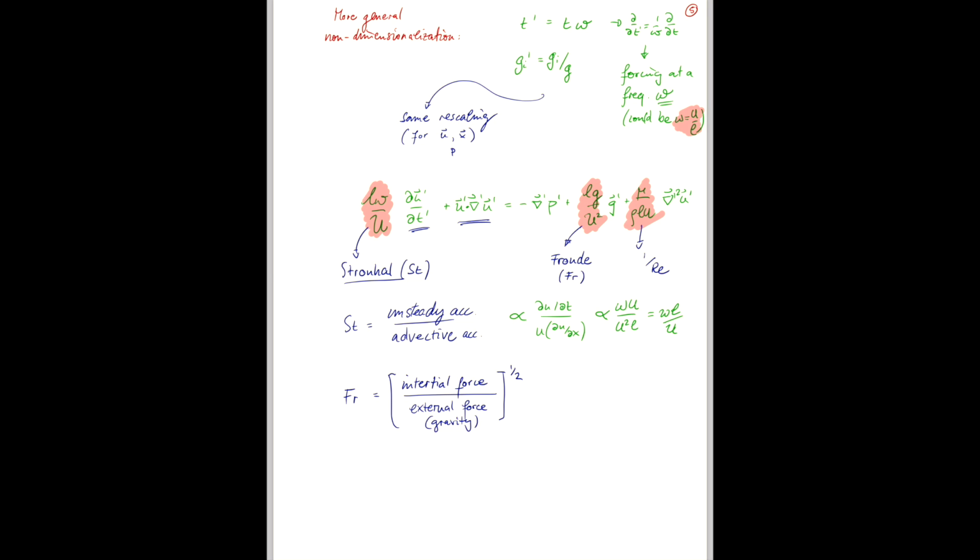So if I do the same scaling here, we have rho u du/dx divided by rho g, to the power of a half. And you can show that this is u over the square root of gL. And so this here really up here is the Froude number squared.